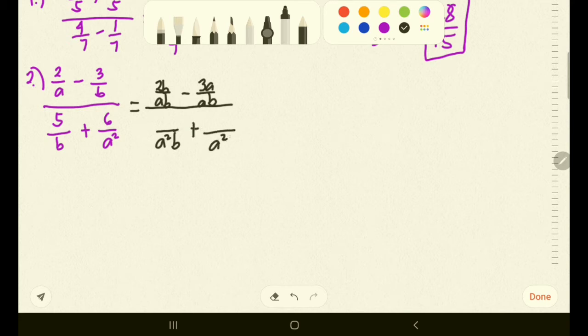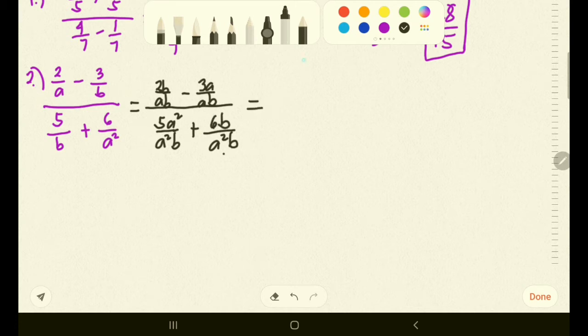You change it into the LCD, so you also have a new numerator. a squared b divided by b is a squared, times 5, that is 5a squared. And the same thing, a squared b divided by a squared is b, times 6, that is 6b.